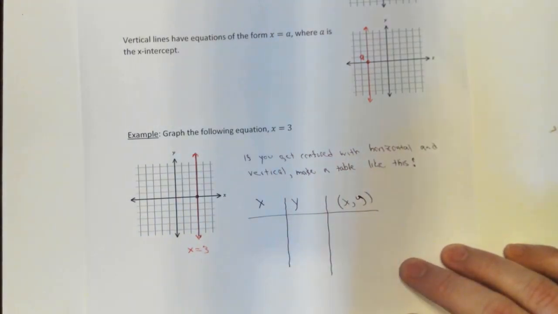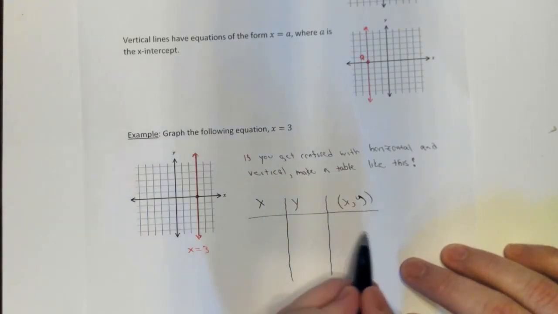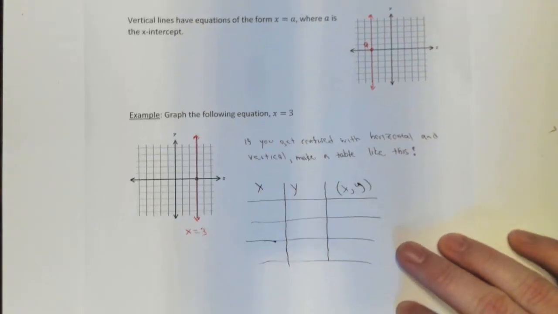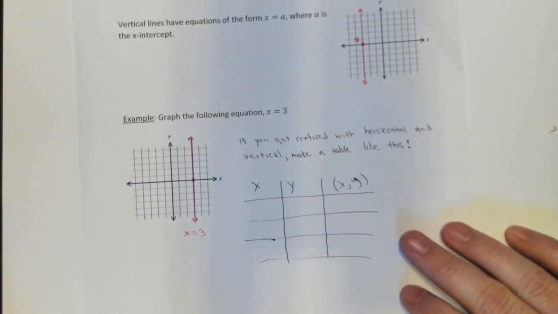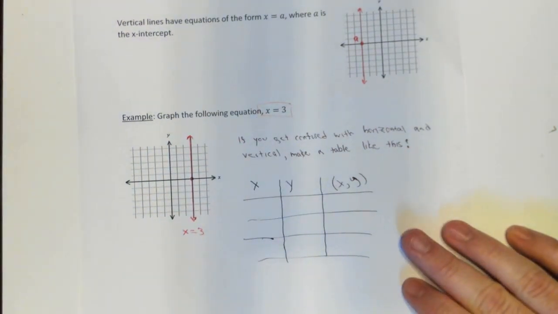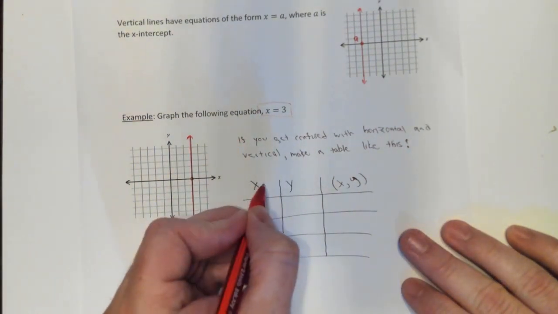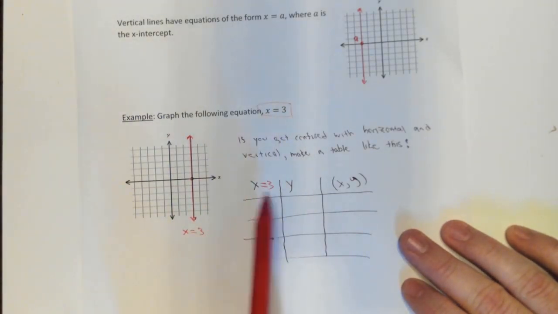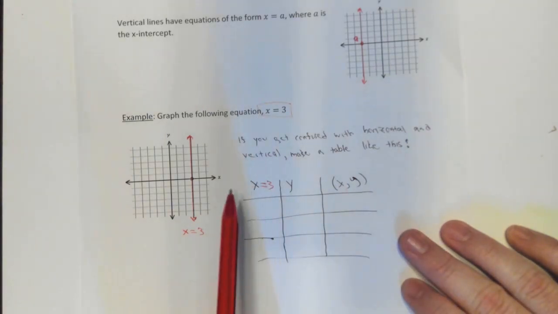What I need to do is find about 3 points. 2 is good, but 3 is a little better. You can find as many points as you want. Now in the equation, if you're confused with horizontal versus vertical, line this up, it's always going to be x, y, x, y. In this case, they tell us x equals 3.